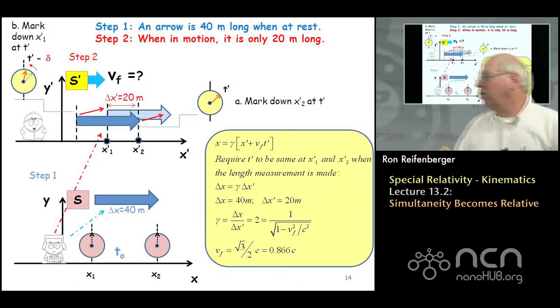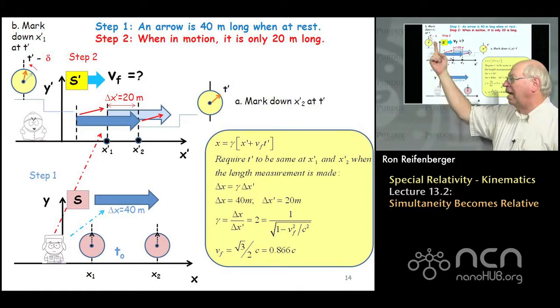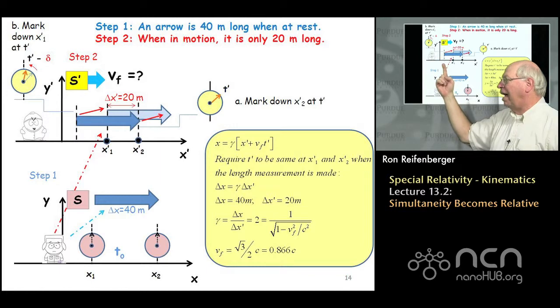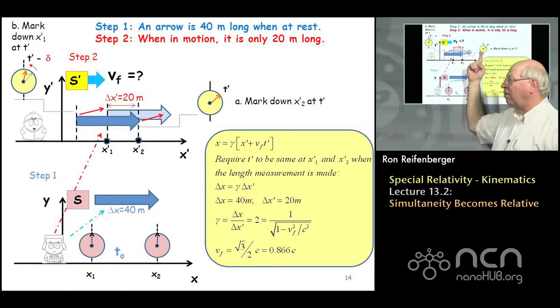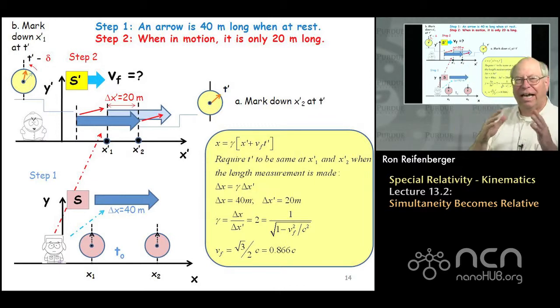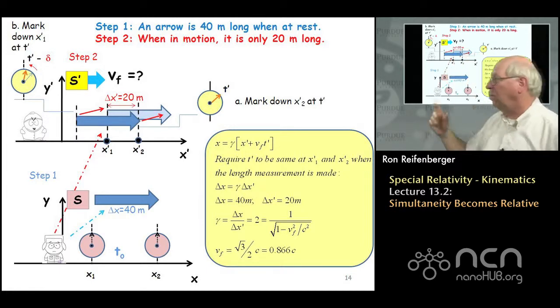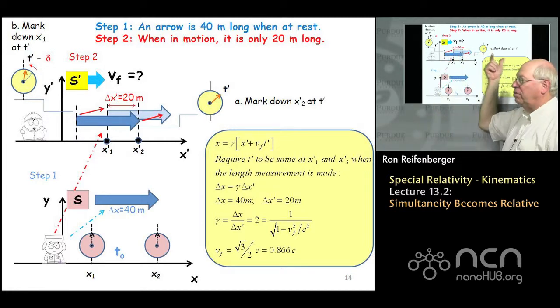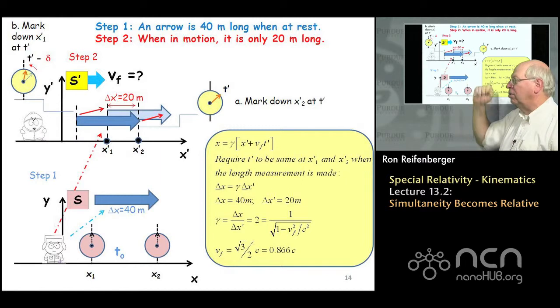So what he has to do is wait an additional time delta such that the clock located along this axis reads the same as the clock t prime that occurred when he made this measurement of the front end of the arrow. And in that additional time that he has to wait, of course, the arrow is moving.